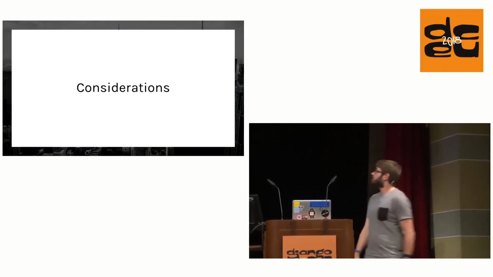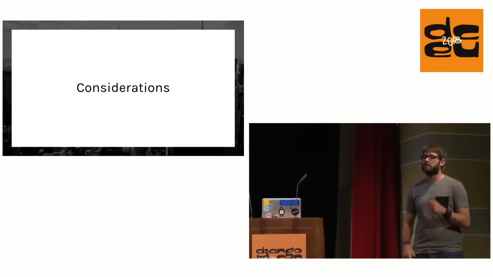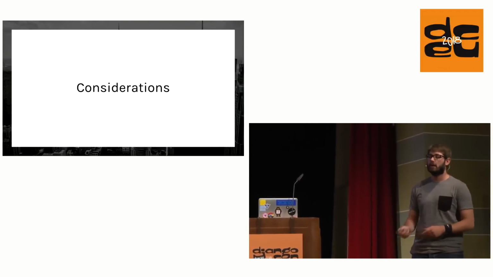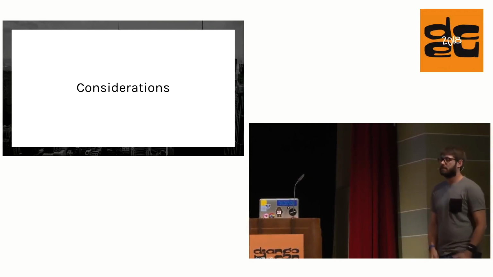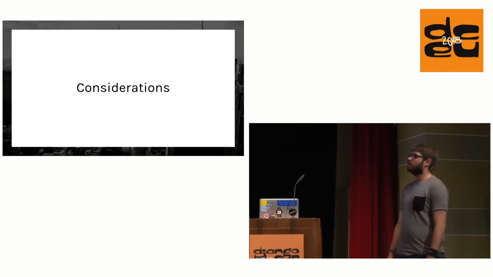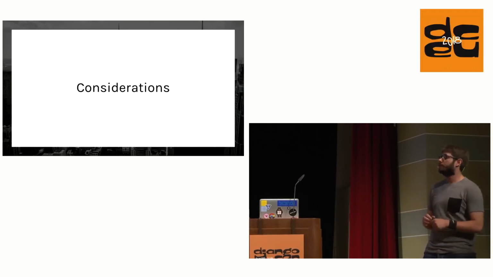Some considerations. I've been using GraphQL for more or less a year in a couple of projects, and we are using it on other projects that are still being built. And I think it's quite handy, especially if you have to work with many developers, because I really love the fact that you have documentation built in.